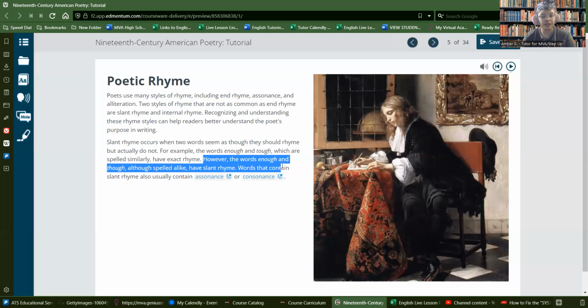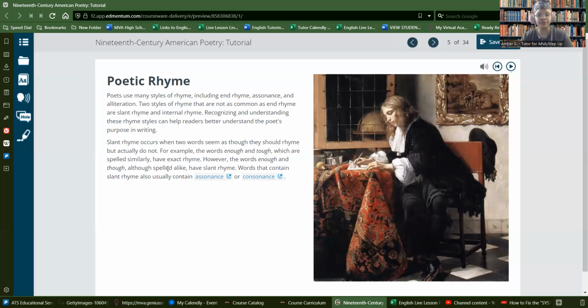But the words enough and though, even though they're spelled alike, they both have the O-U-G-H, have slant rhyme because enough looks like it will rhyme with though at first glance. But obviously saying them out loud, you can tell that they have different O sounds. So that's what slant rhyme is.